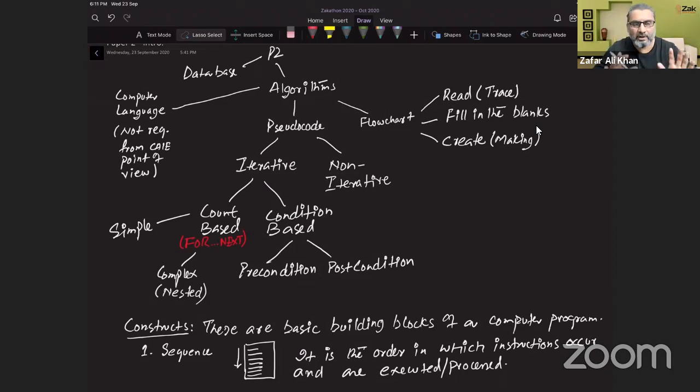By the way, 100 squats are tough, isn't it? So when you are doing something and you are counting alongside it, why? Because you are told upfront before doing the job that you have to do this job 5 times, 10 times, 100 times. So this is count based. When you know before starting the program how many times you would have to repeat it.